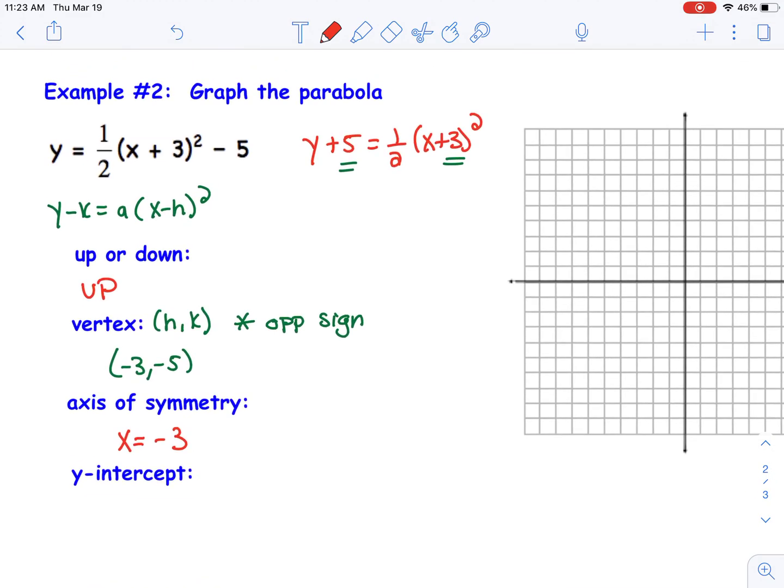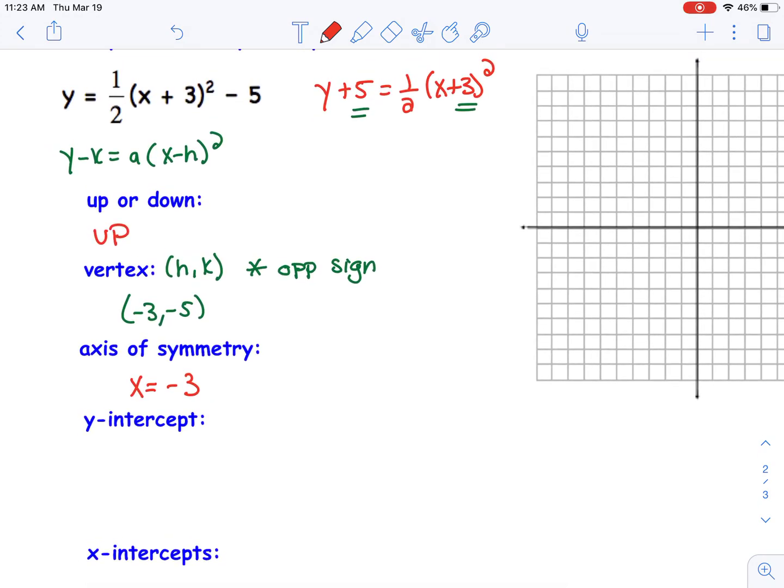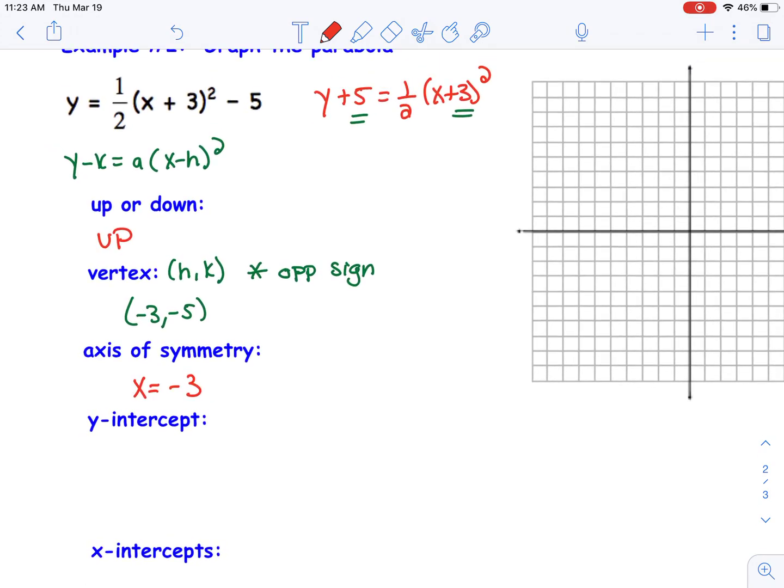And my y, so let's plot this and see if we have, or no, let's find our y-intercept first. Sorry about that. So I'm going to set x equal to 0. So I'm going to get y is equal to 1/2 times 9 minus 5.